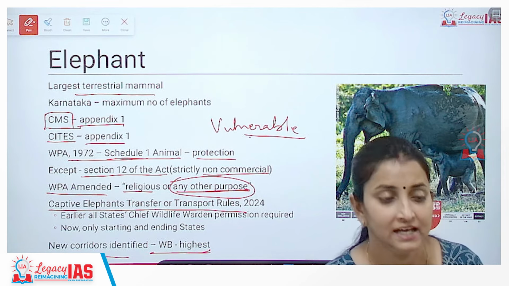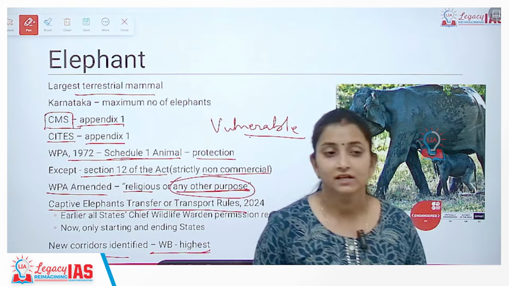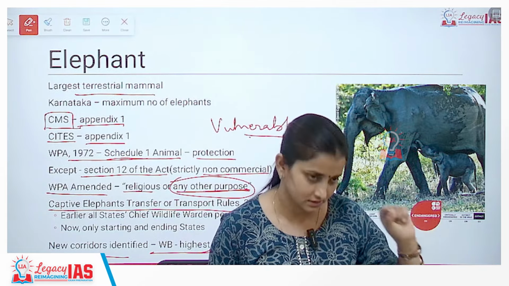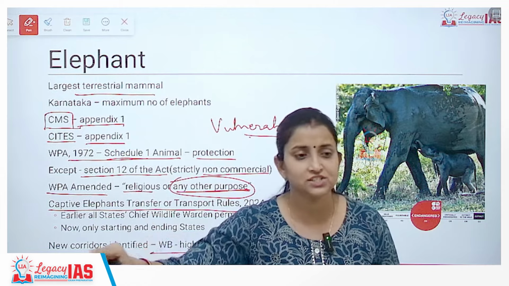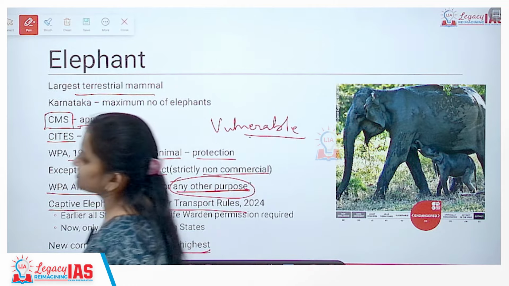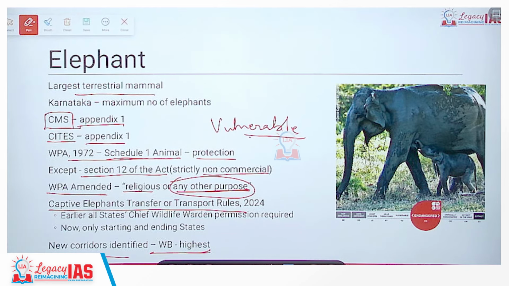Only in that case can the elephant be transported. Now the new rule says that only the chief wildlife warden of the origin state and the chief wildlife warden of the destination state need to give permission, and then the transfer can be carried out. Okay? So that is why it was also being discussed.